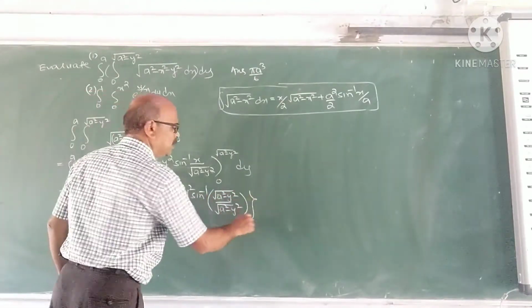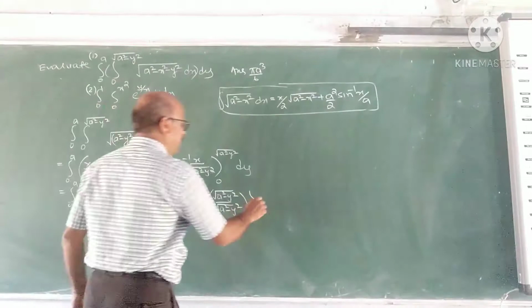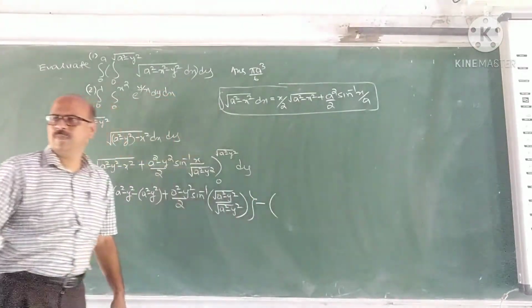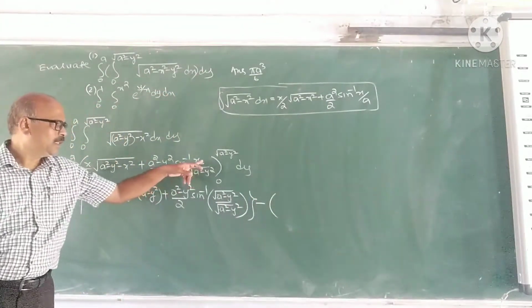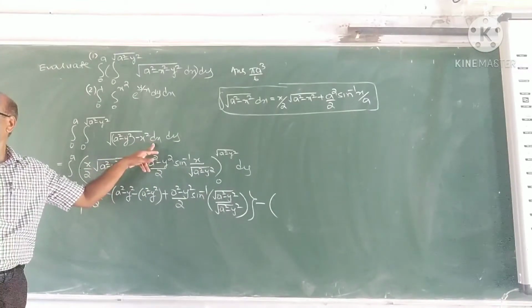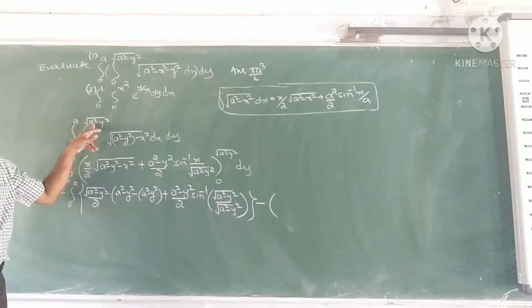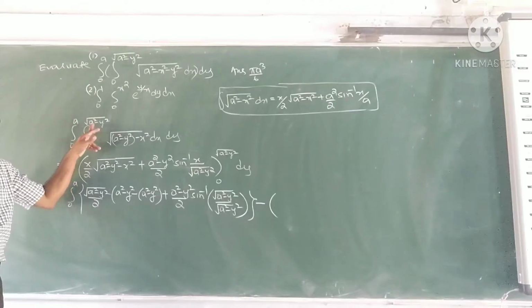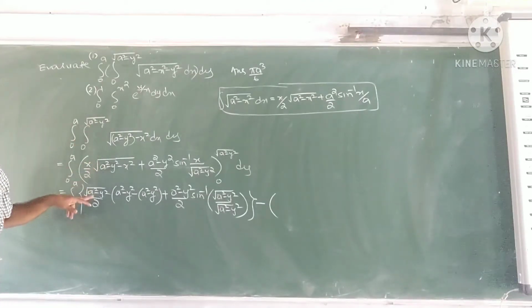What is the lower limit? Lower limit is 0. Upper limit, since we have integrated with respect to x, x is the variable and 0 and root a square minus y square are assigned to x. So we have to write x as root a square minus y square.